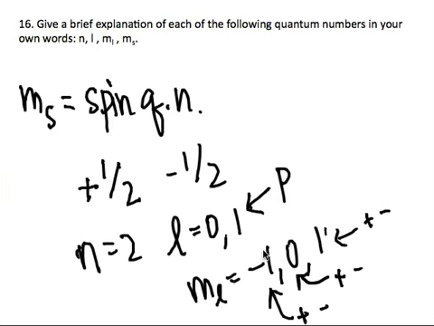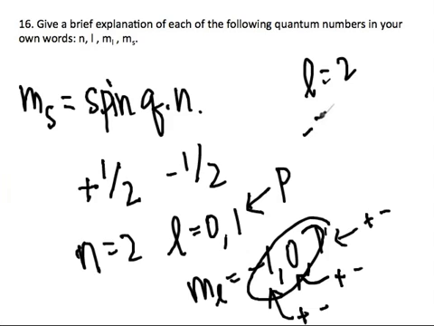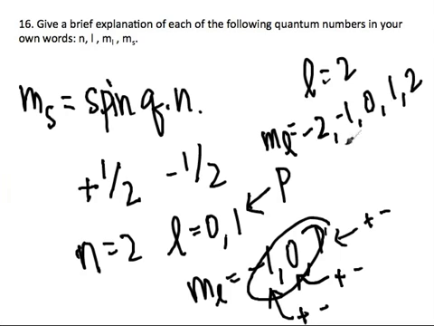So there are 3 different orientations of orbitals, and each orbital can hold 2. So 3 times 2 is 6. For d, for example, if l equals 2, we would have -2, -1, 0, 1, 2 as the magnetic quantum numbers. And for each one, we can hold 2 electrons. So this has 5 times 2. So for the d subshell, we can hold a maximum of 10 electrons.